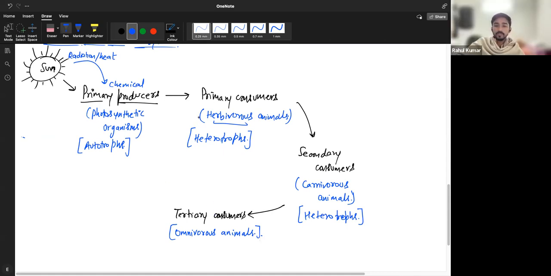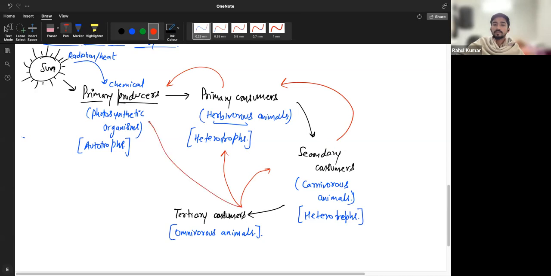So tertiary consumers actually can feed on, so primary consumers feed on primary producers, secondary consumers feed on primary consumers. Tertiary consumers can feed on secondary consumers, can feed on primary consumers. They can also feed on primary producers. You understand? That's why they are called tertiary consumers.